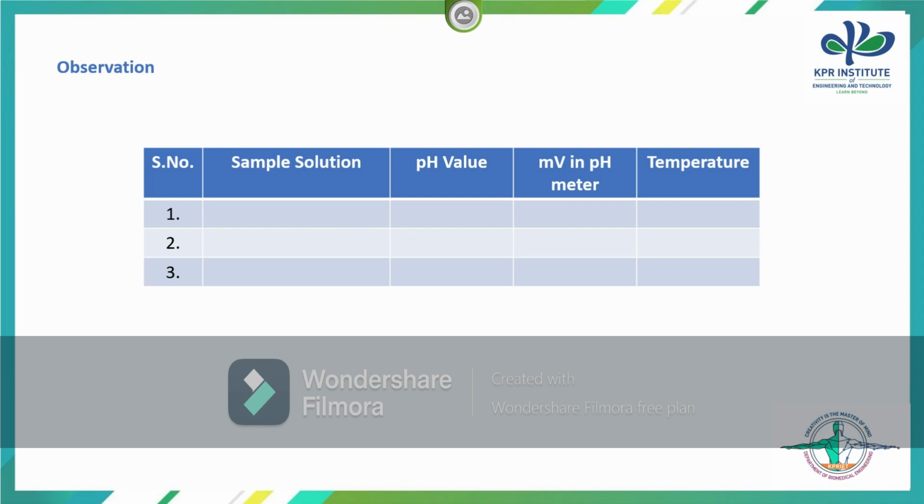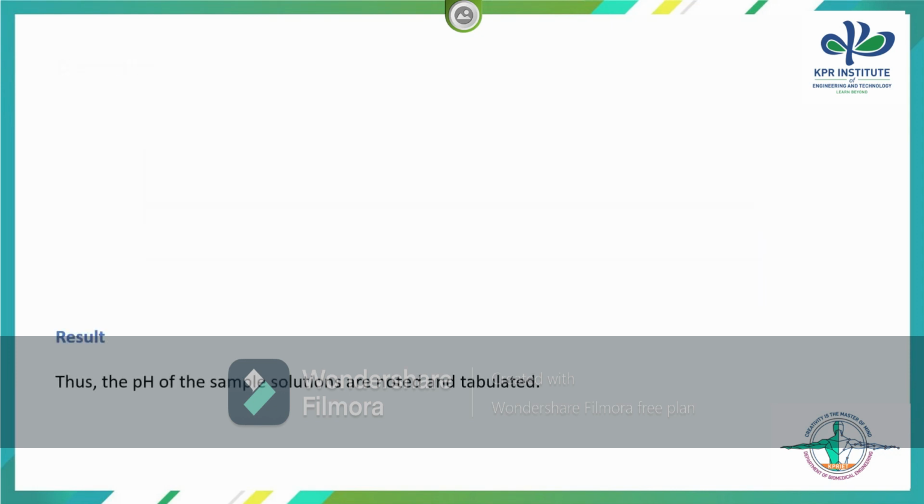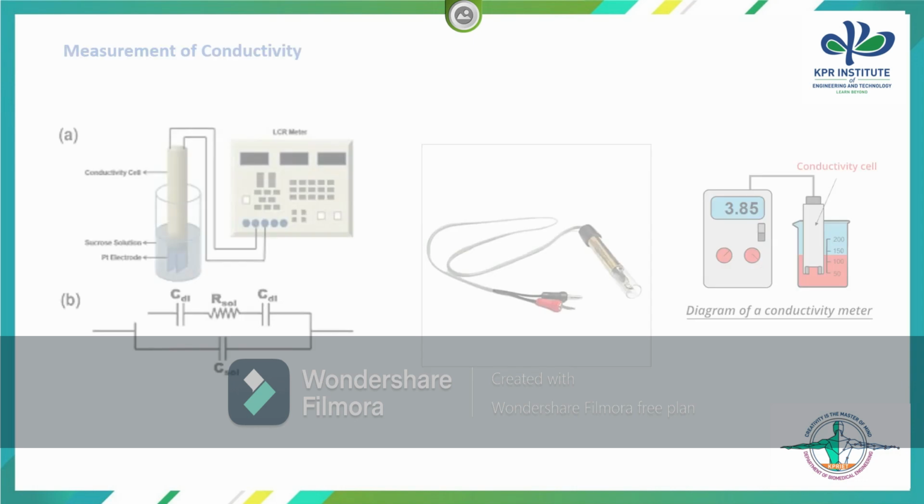Observation: the pH of the sample solution taken has to be noted down, and using the Nernst equation, the voltage difference has to be calculated and tabulated in this result. Thus, the pH of the sample solutions are noted and tabulated. The next part is measurement of conductivity.